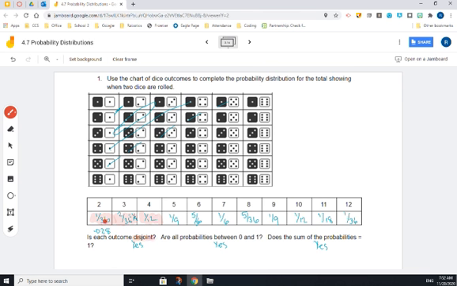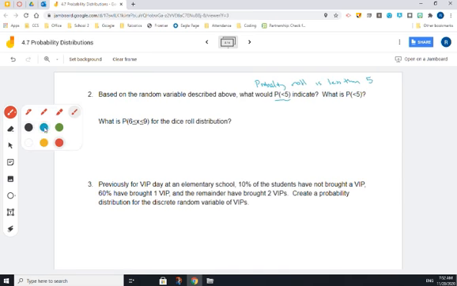So since they're mutually exclusive, I can just add them together. And so if I take 1 out of 36 plus 2 out of 36 plus 3 out of 36, that gives me 6 out of 36, which would, of course, simplify to 1 out of 6.